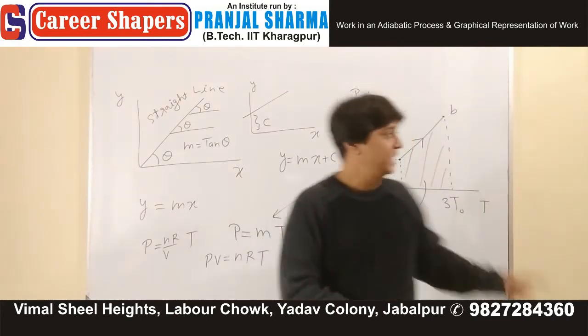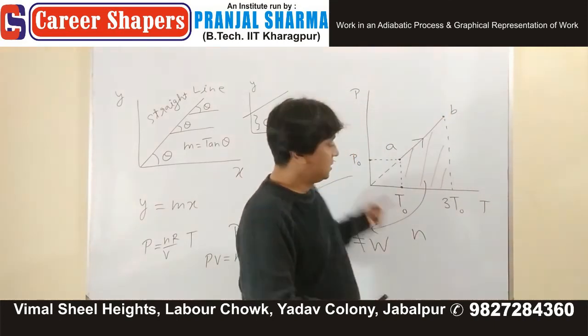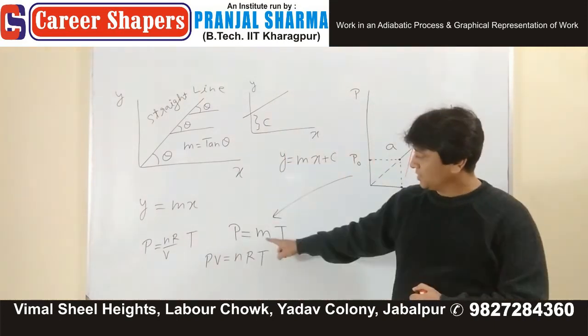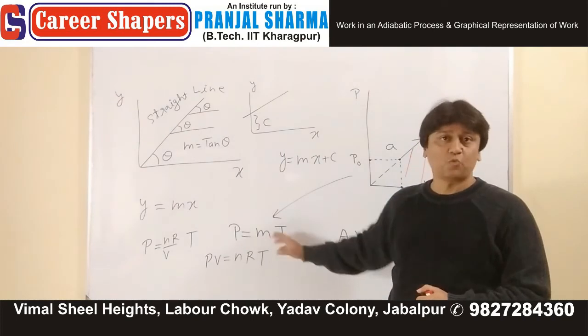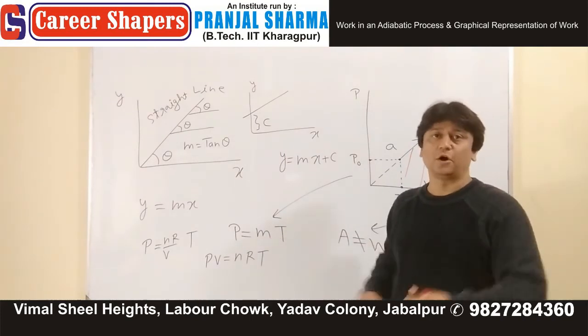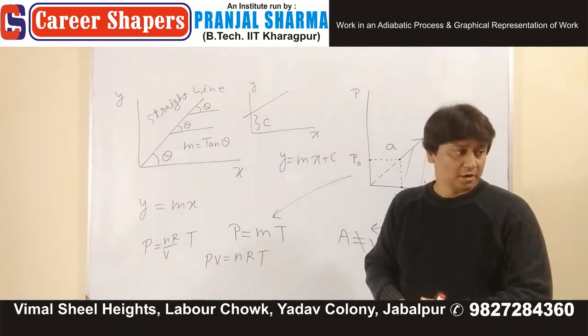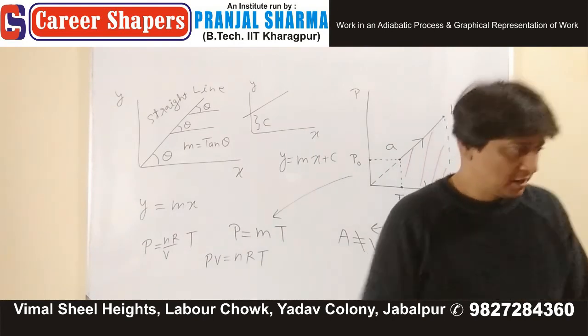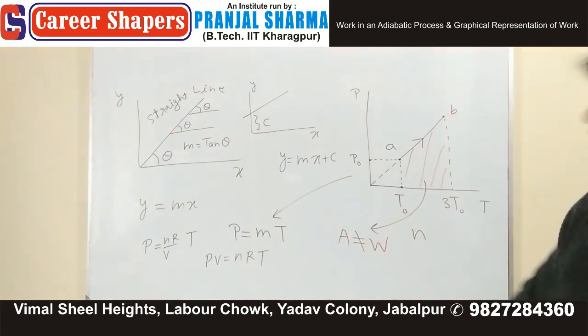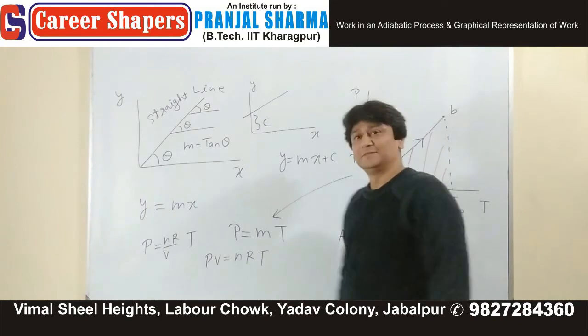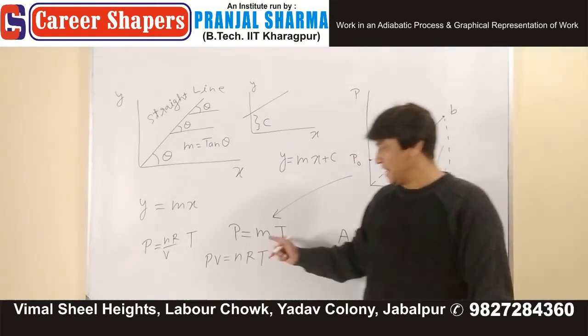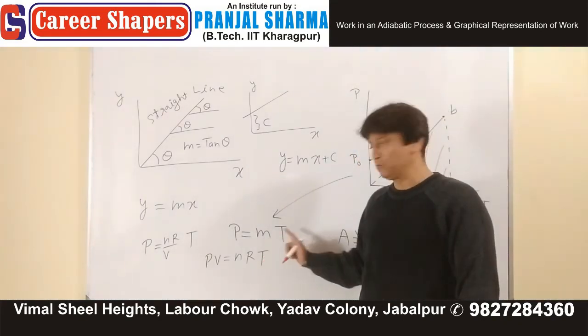If we have a straight line graph, then this part, which is the coefficient of t, is a constant. Very good, now people have started answering. So once you say that m is a constant, what is constant? Coefficient of t.